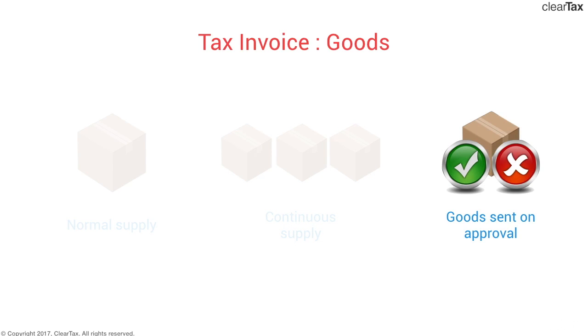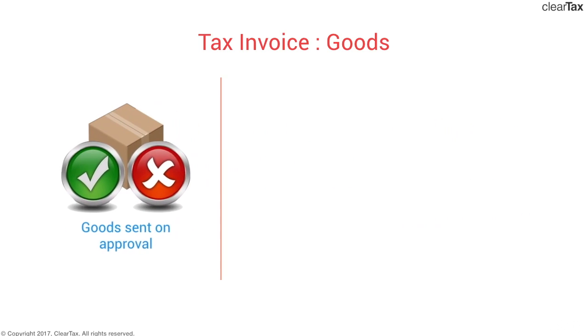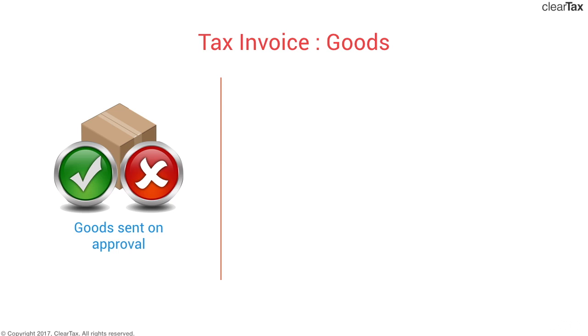Next is a special category where the goods are sent on approval. Basically, imagine a situation where you have ordered a customized jacket and the terms state that the sale is final only if you approve that the customization is as per your liking. So the supplier would send the jacket to you after he's done with his customization touch, but the sale is not complete.